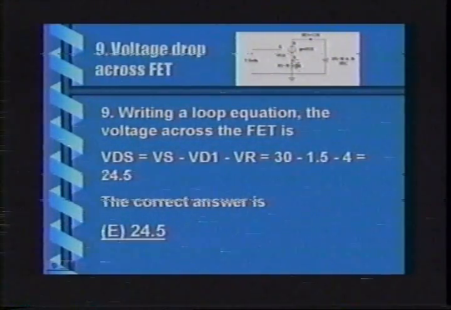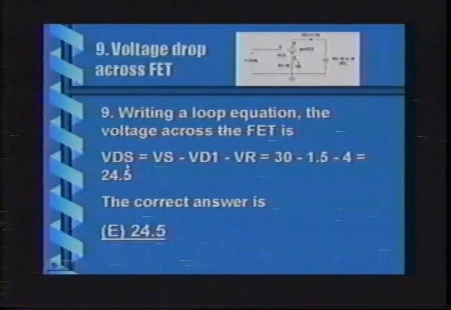We've essentially done this problem when we looked at the power dissipated in the FET. All we have to do is go around this output loop. You know the voltage across the diode, you know the voltage across the resistor, you know the variable supply voltage, and so you simply find the voltage across the transistor.